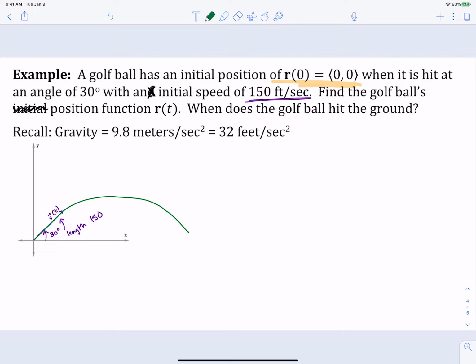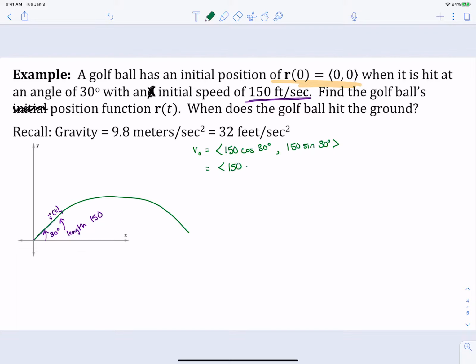Okay, so what do we need here? Well, we need things like the initial velocity. They did tell us the initial velocity. The x component of the initial velocity is going to be that magnitude times the cosine of the angle that vector creates, so cosine of 30 degrees. And our y component is going to be our magnitude times sine of that initial angle.